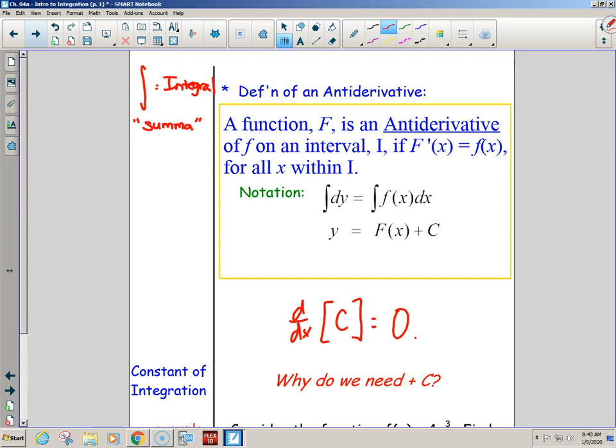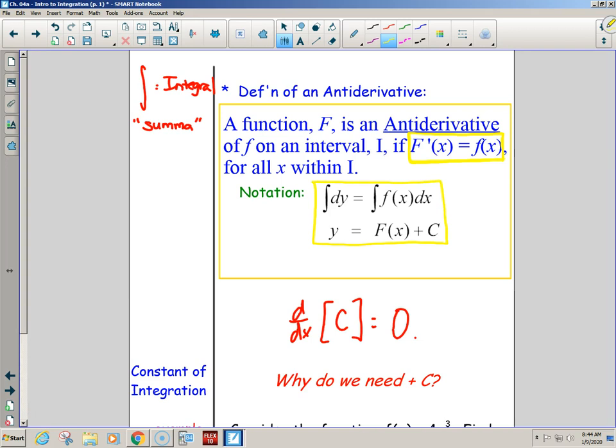But a function F is never called an S. A function F is an antiderivative of f on an interval I if, okay, here's what you guys need to make sure that you grab. If this was on a forever card quiz, if I was to ask you for the definition of antiderivative, you would need to show me this right here along with this background information.